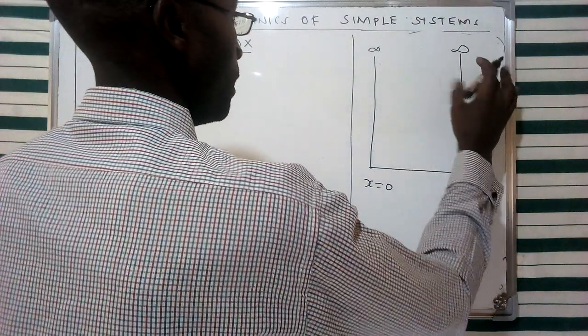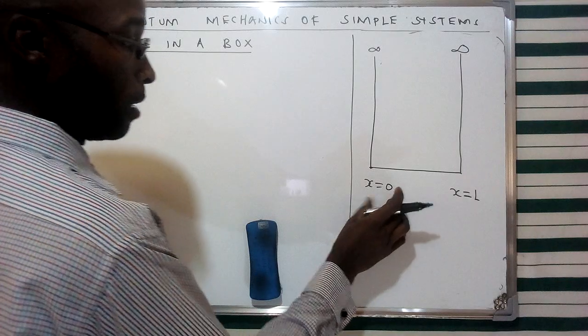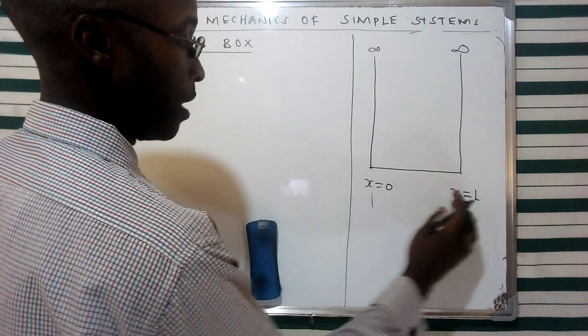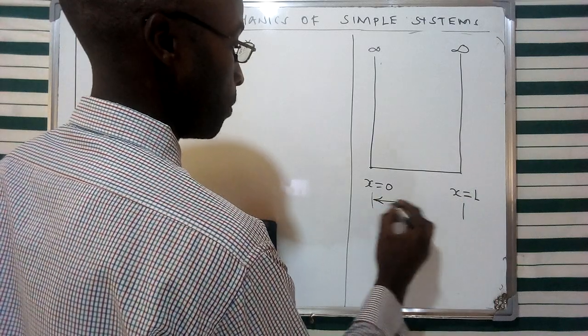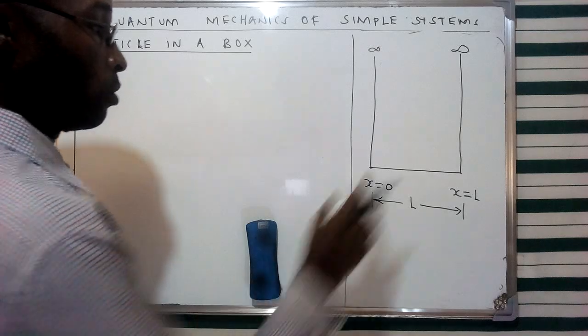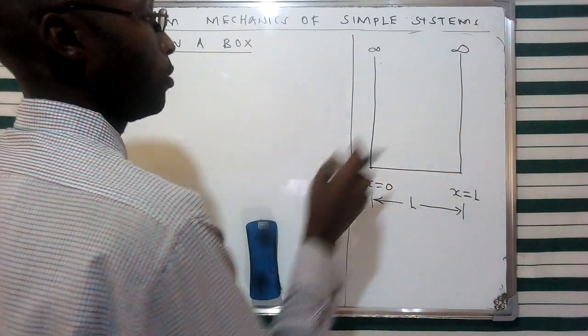So in this particular case, the range is the space between x equals 0 and x equals L. So basically, this is going to define the length of this particular box, and the two walls are going to be infinite walls.